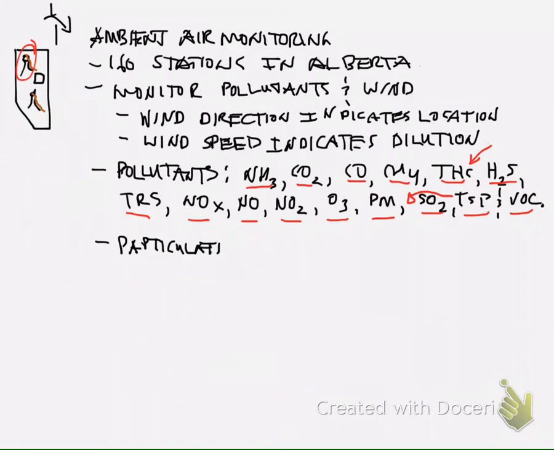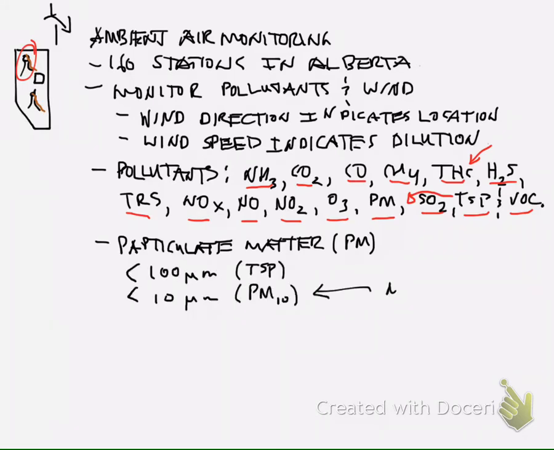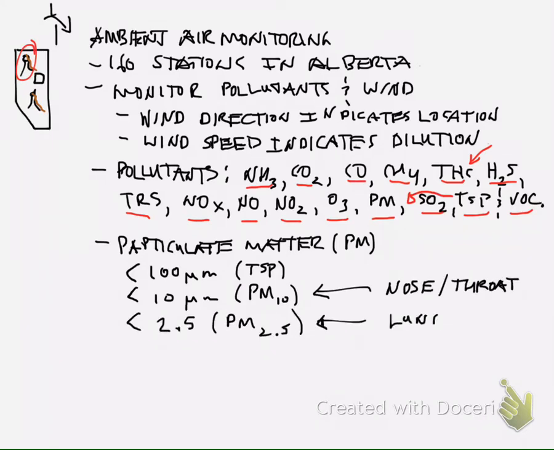So particulate matter, I want to talk a little bit more about the particulate matter, just to break that down. There's three categories of it. There's the TSP that we mentioned up above, and that's going to be anything that's less than 100 micrometers in diameter. So dust particles that are less than that would fall in that category.